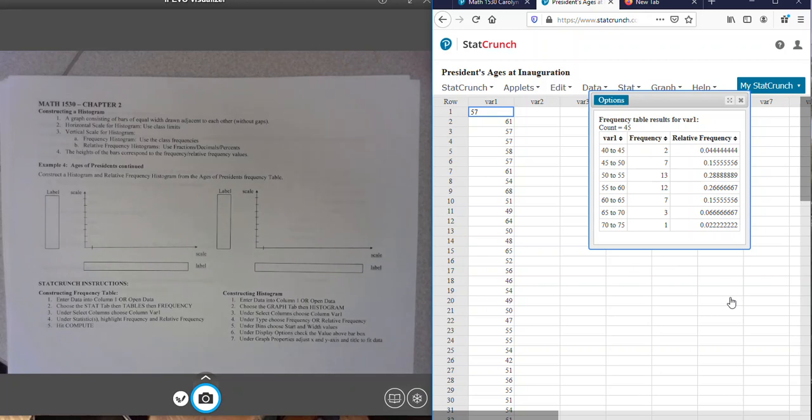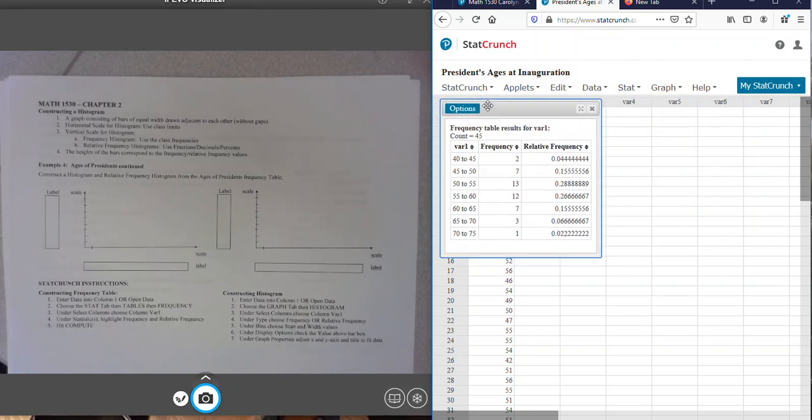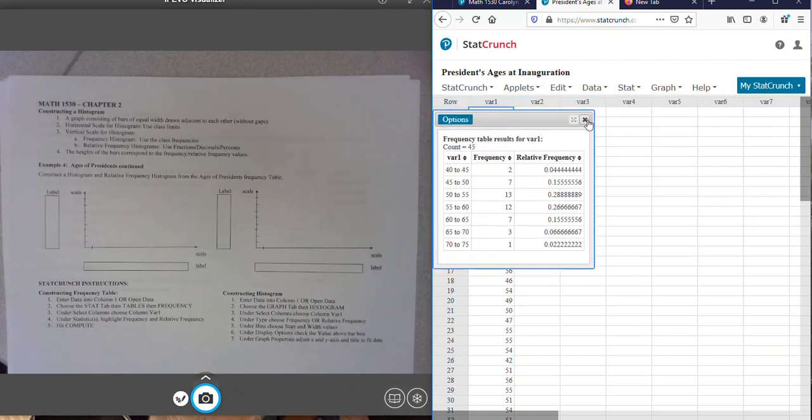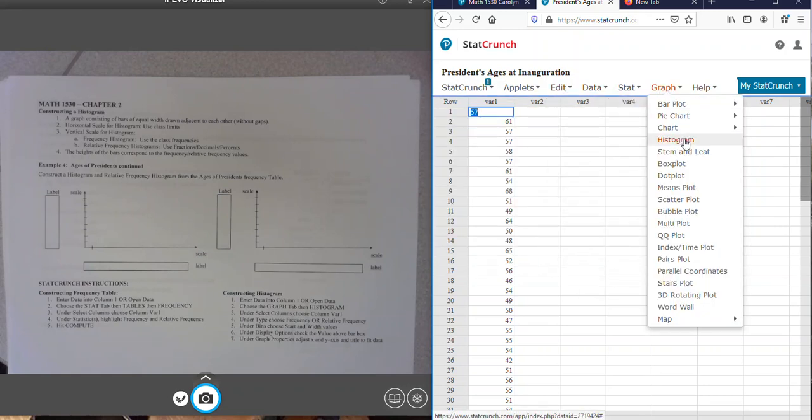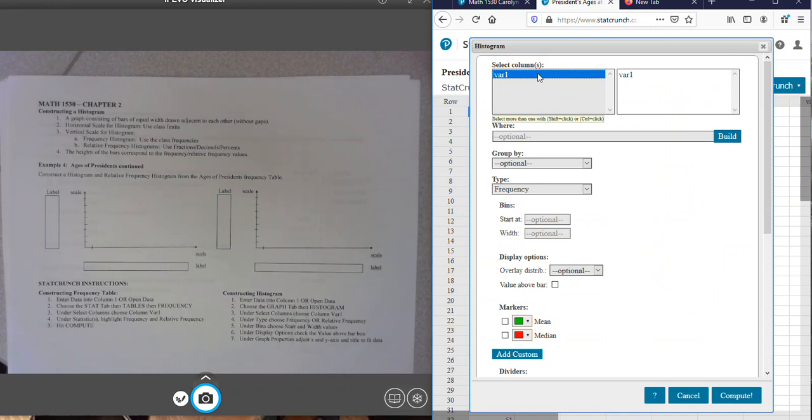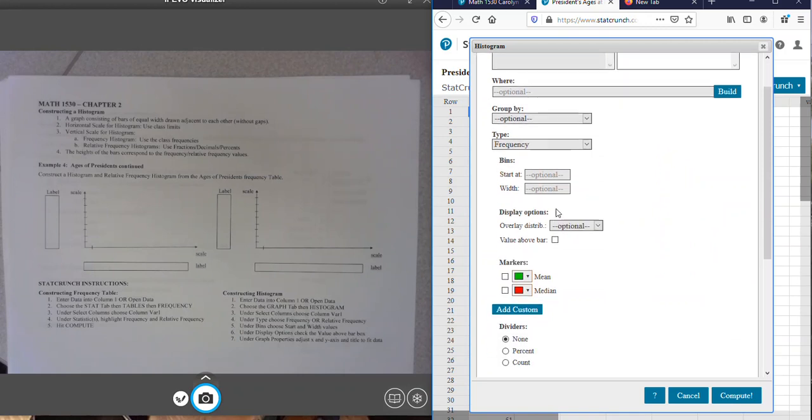Now, if we want to look at a histogram, we can do that as well. I'll just move this over here. I'll just X this out. We can go to graph, histogram, tell it to look in var1, and we have to tell it how to build out our histogram.